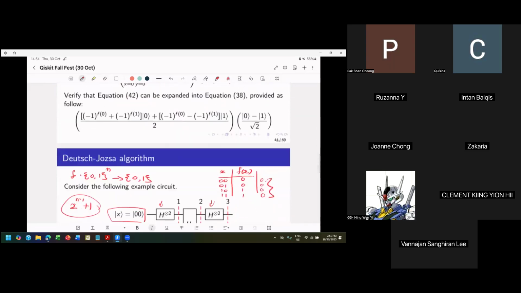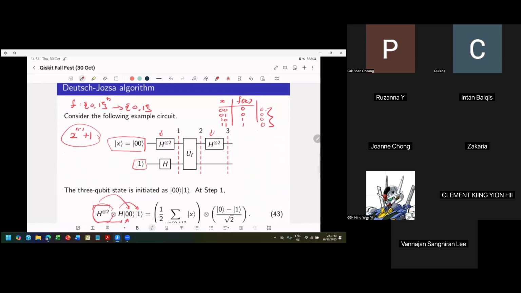Whenever you see a structure like this, a bunch of zero states, and then you apply a bunch of Hadamard gates in parallel, that's basically trying to prepare your quantum states into a superposition of everything so that you can use the oracle to do something that you want to do.